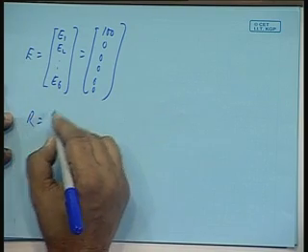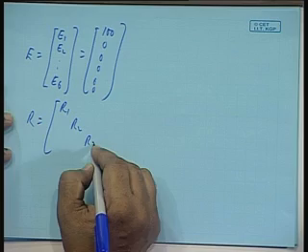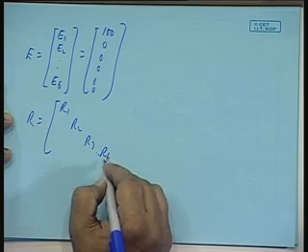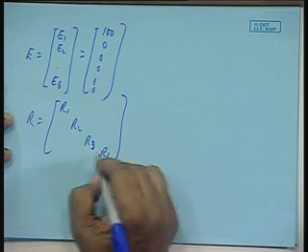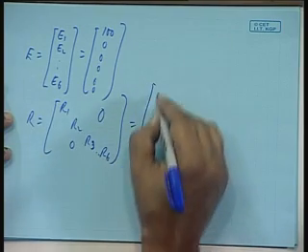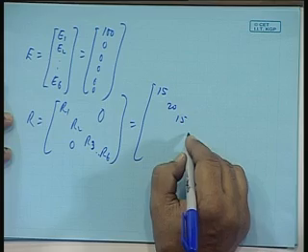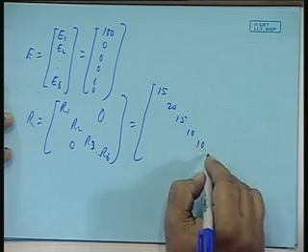R is equal to R1, R2, R3 up to R6. The values are given, the rest are all 0. So, it is like this: 15, 20, 15, 10, 10, 10.